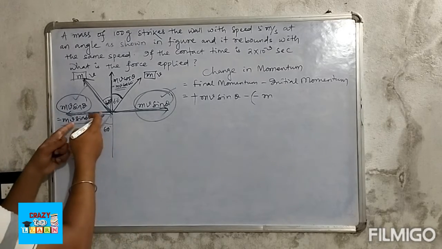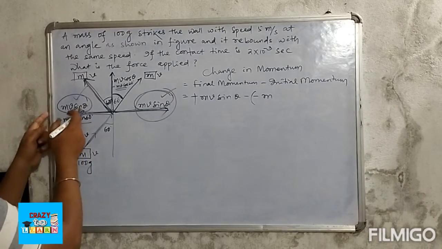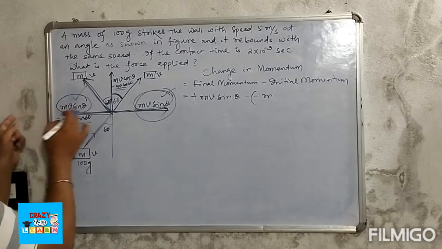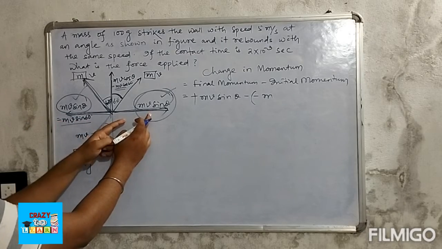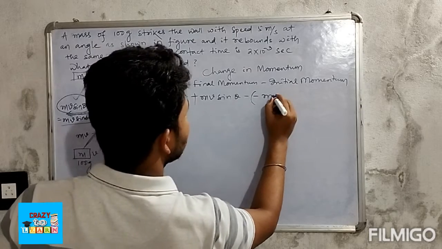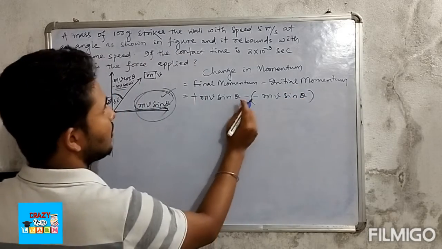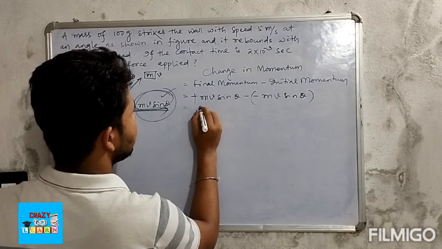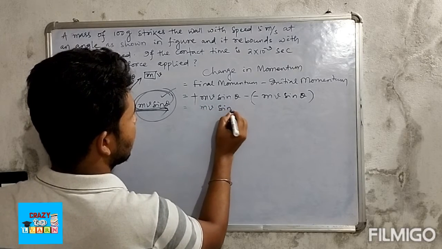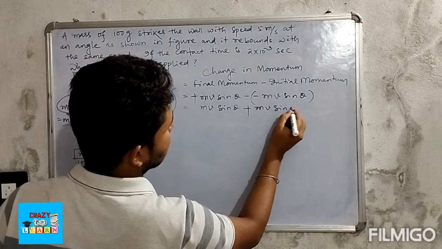Otherwise, this is the final along the right side direction, and this is your initial in the left side direction, so it is negative. So minus minus mv sin theta gives plus mv sin theta plus mv sin theta.